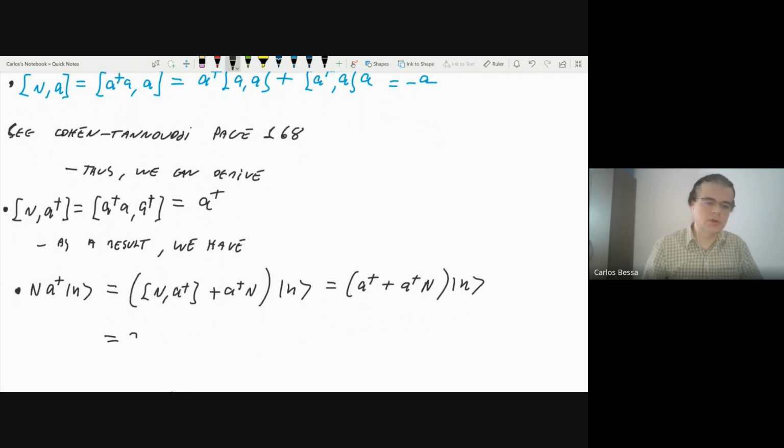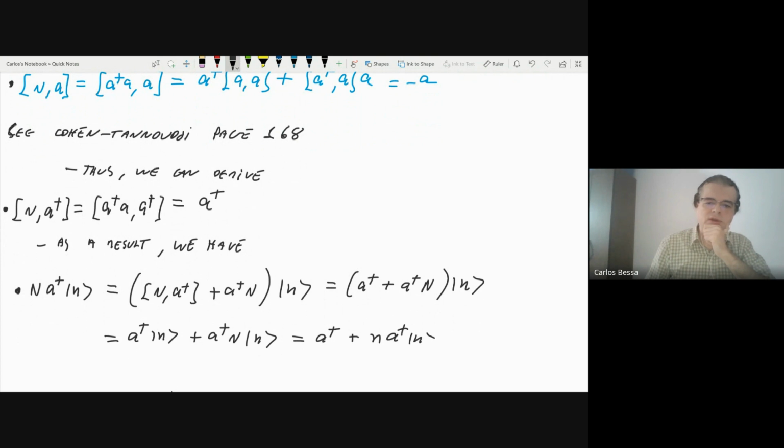Or just a dagger n plus a dagger n and n applied to the ket n, we'll have just a dagger plus this applied to this, which is just the small n, the eigenvalue.